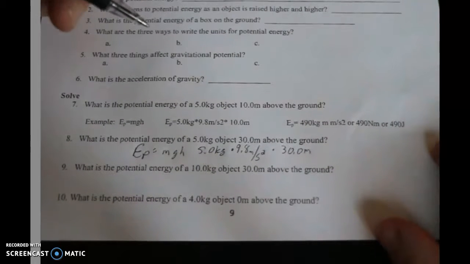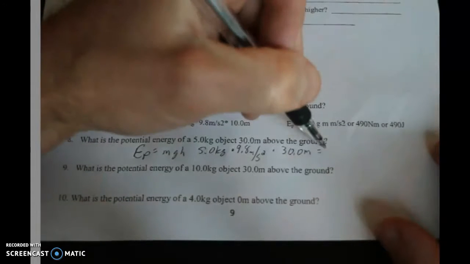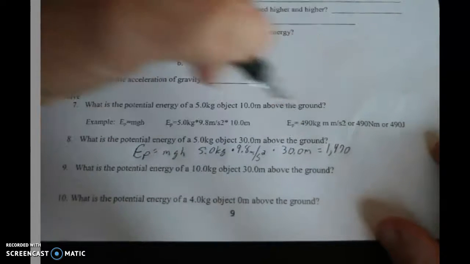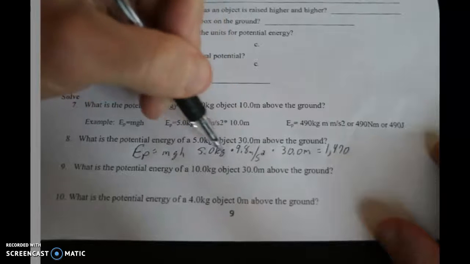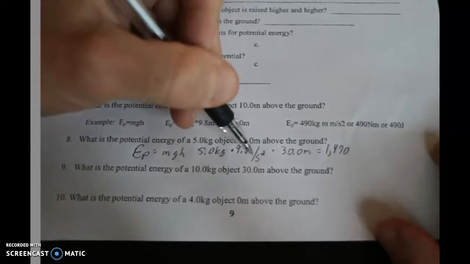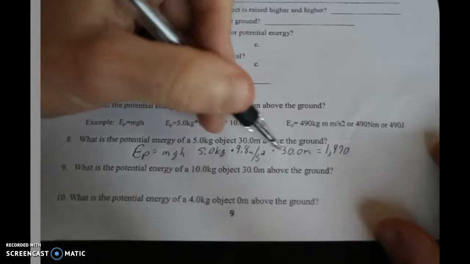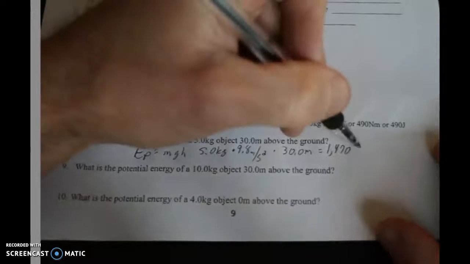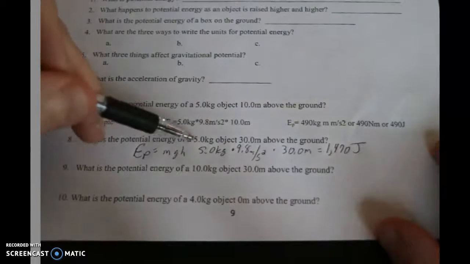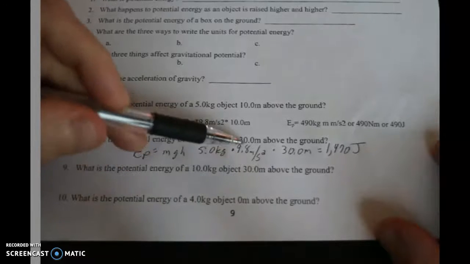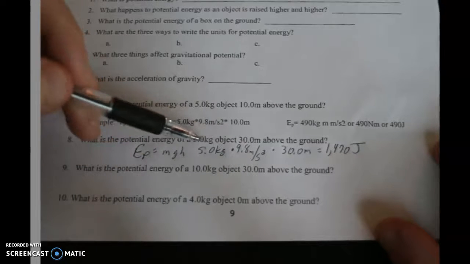You multiply all of that out, and assuming I did it right, you get 1,470. Now it's kilograms meters squared per second squared, because you have this kilograms, and this meters times this meters is where you get the meter squared. So kilograms meters squared per second squared, which is the same thing as a joule, so we'll just write it as joule.